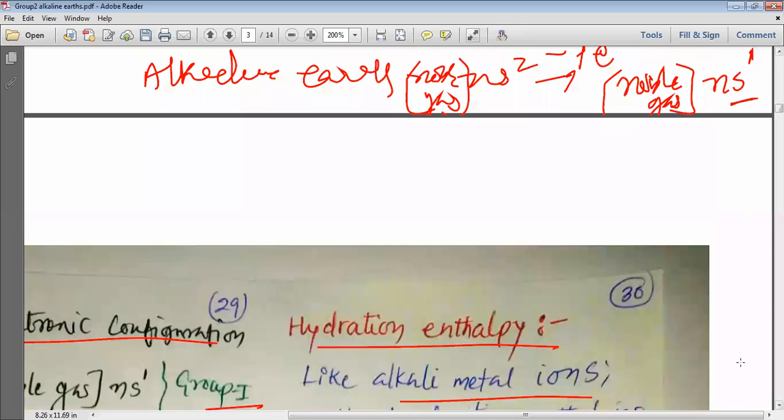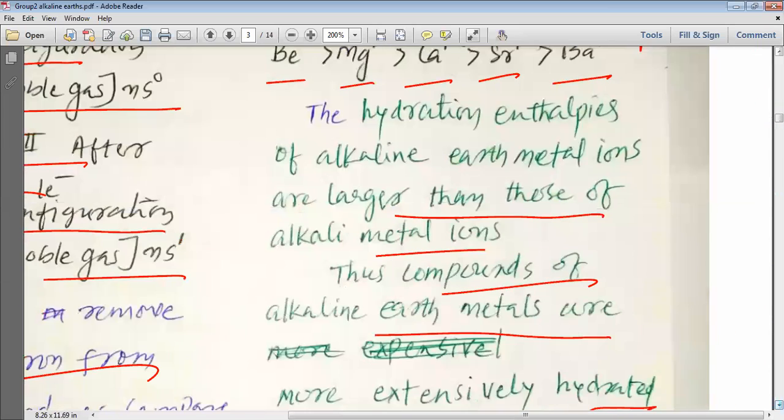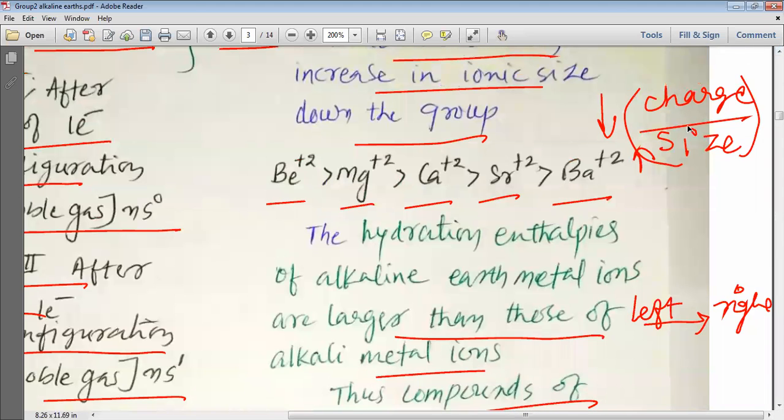Now, my dear students, let us understand the size of the alkali metals and alkaline earth metals. If we go left to right, we know that the size decreases, and that is why the size of the alkaline earth metal is smaller than the size of the alkali metal.